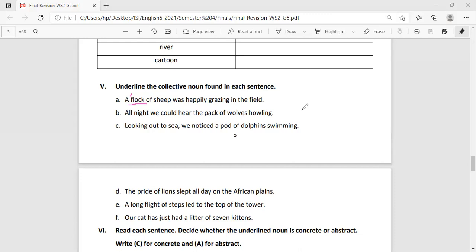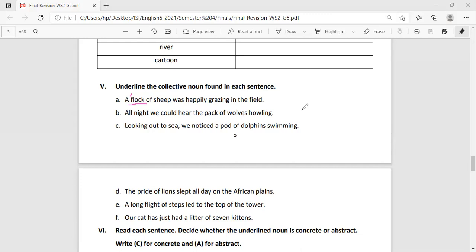Here is a noun, but we want the collective noun. The noun that shows a group.